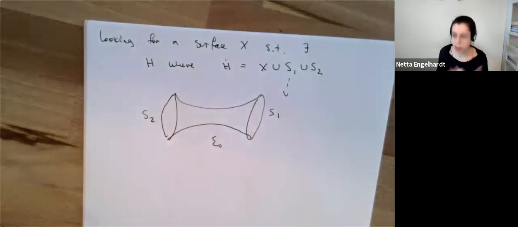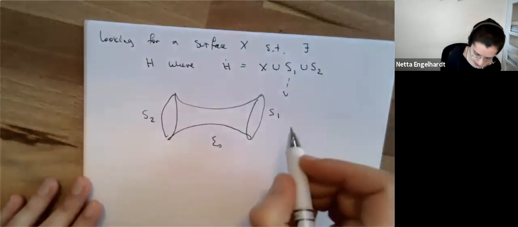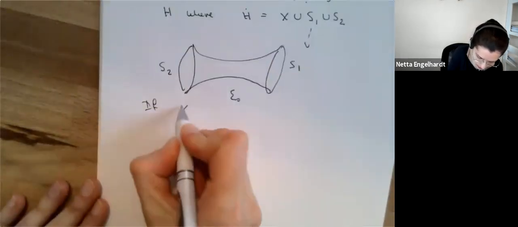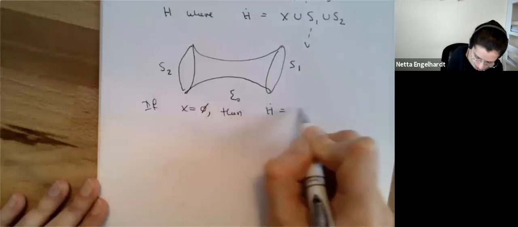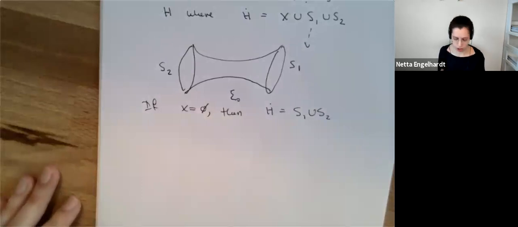Now, if I just take X to be the empty set, then I'm looking for a hypersurface H where the boundary of H equals S1 union S2. But that's just sigma 0.